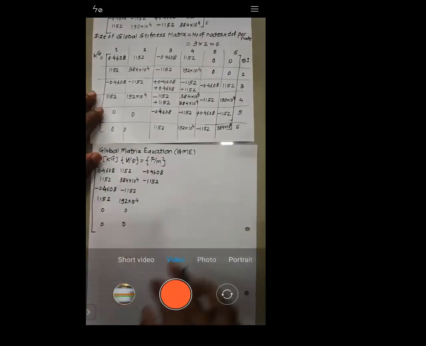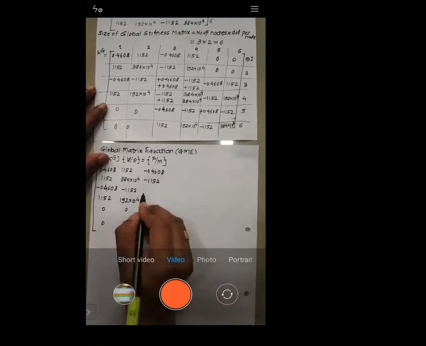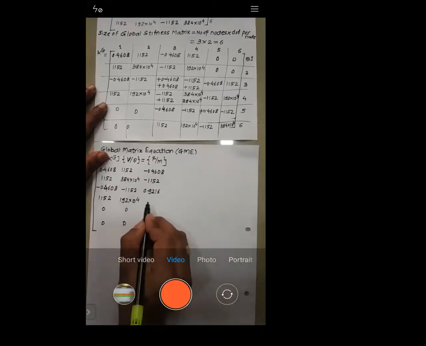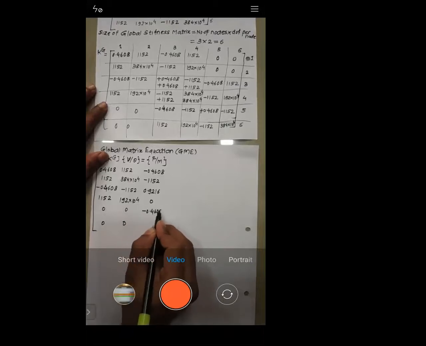Tell me this addition: 0.4608 plus 0.4608 is 0.9216, and this is 0, minus 0.4608, and this is 1152.